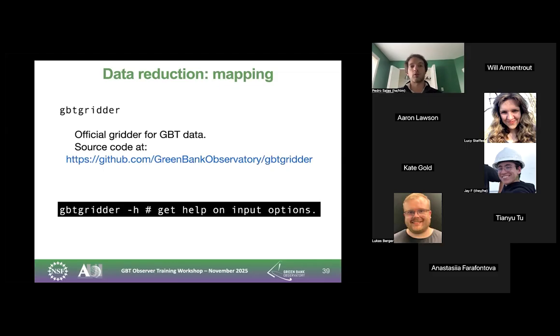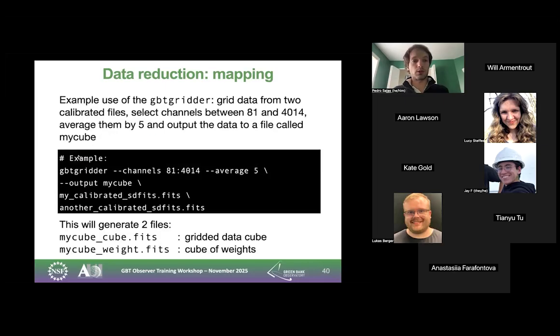And some other things. If you're mapping, you want to turn your grid of observations into a cube. There's a tool called the GBT Gridder, which is a separate tool that we use for gridding Green Bank Observatory observations. It's command line based, so you go into a shell and you can type gbtgridder. It has a bunch of options like specify which channels to use, if you want to average a bunch of them, and where to save your outputs.